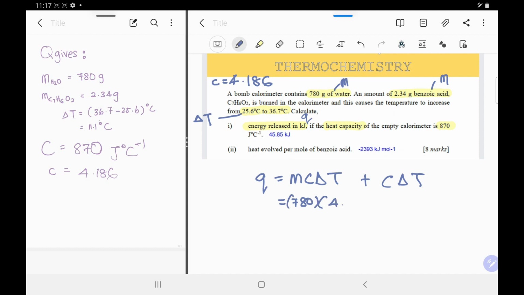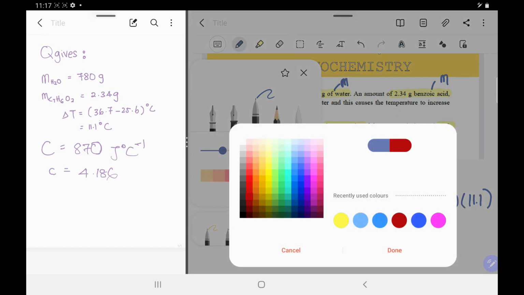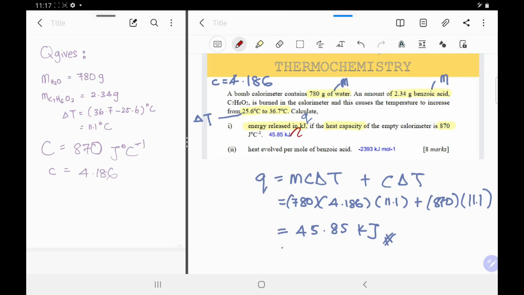So the specific heat capacity 4.186, the temperature change is 11.1, plus the given heat capacity, which is this one, and the temperature change. Here we calculate it and we get 45.87 kilojoule. That is the answer.